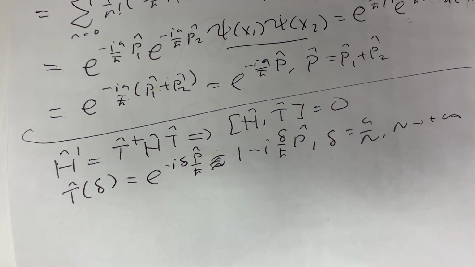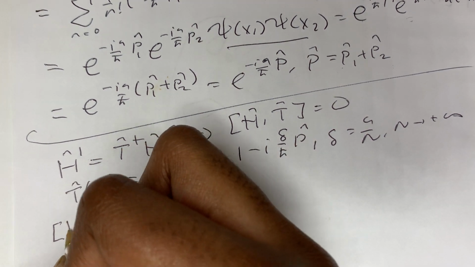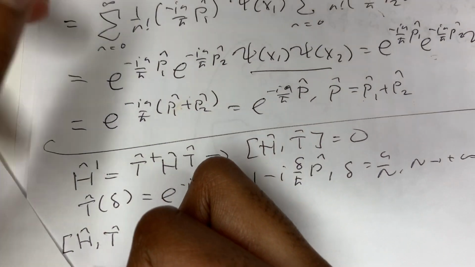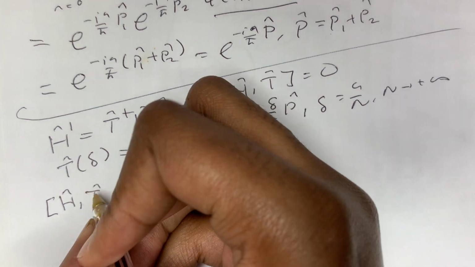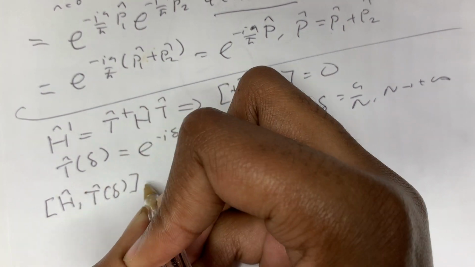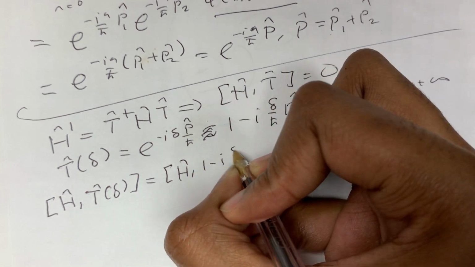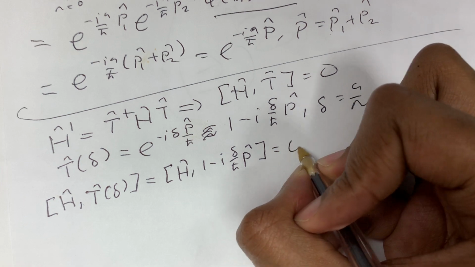Okay, and then what we do now is take the commutator of h hat and this operator, the commutator of this operator and h bar, 1 minus i over h bar p hat, and that should be equal to 0.